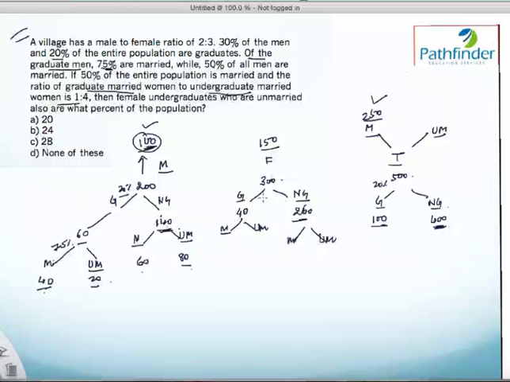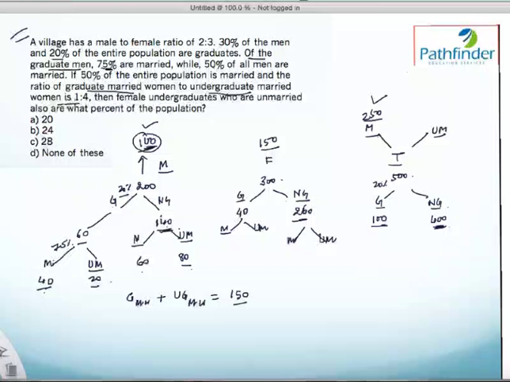So we have 150 females who are married. Now these married females could be graduate married females or undergraduate married females. So graduate married women plus undergraduate married women, their total is 150.